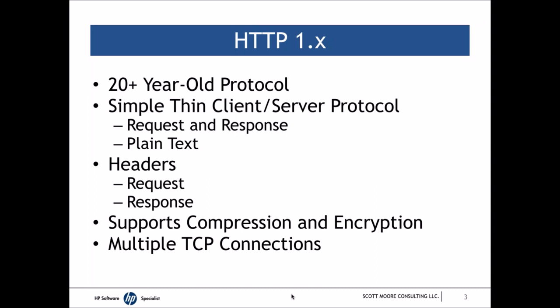It does support compression and encryption, and over time, after 1.0, began to support multiple TCP/IP connections within a browser. 1.0 was just send one request, get a response, then send another request as a single request. We added pipelining in 1.1 so that we could begin sending multiple requests off without waiting on the first request to have a response back.